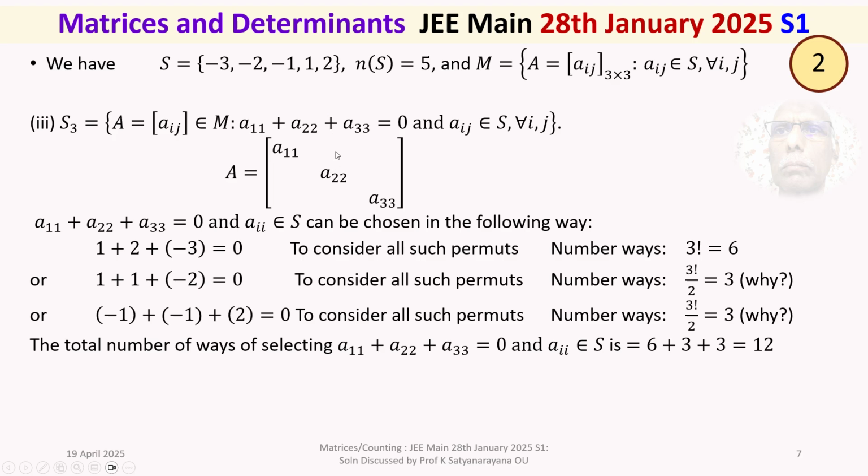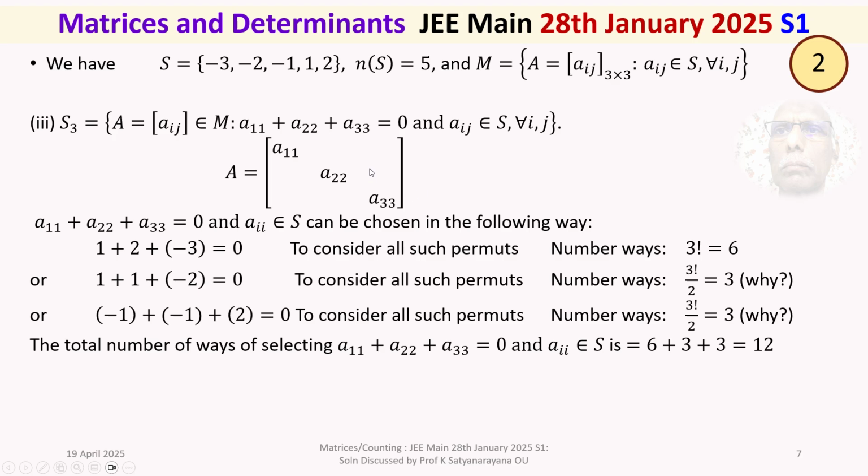So each off-diagonal element can be chosen in 5 ways. There are 6 off-diagonal elements, therefore they can be chosen in 5 into 5 into 5, 6 times, 5 to the power of 6, for each choice of the main diagonal. How many choices are there for the diagonal? 12. So the total number of elements in S3 will be 12 multiplied by 5 to the power of 6.